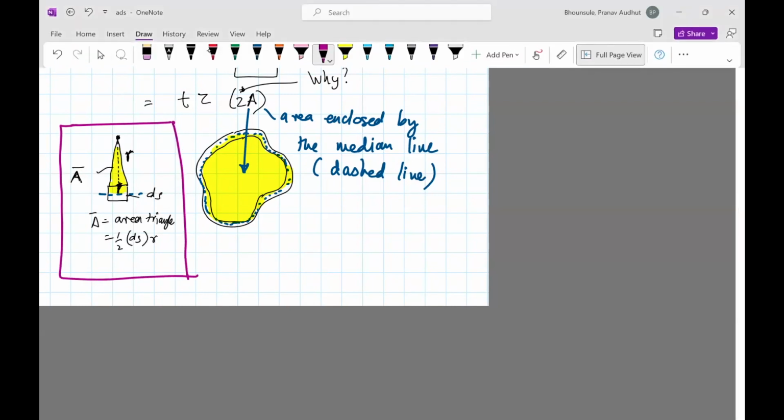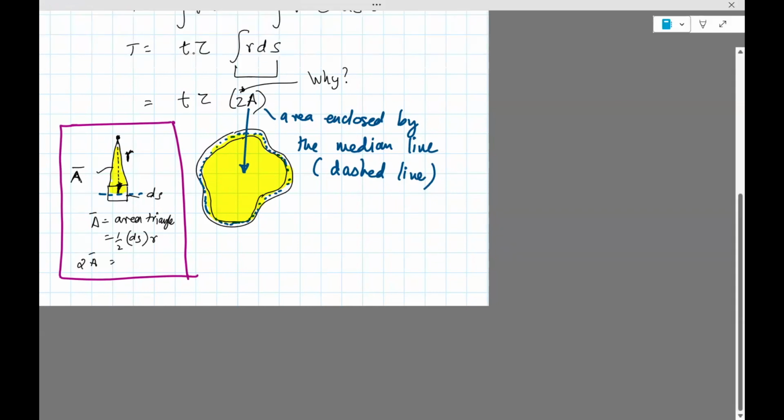When you move this around, you have 2 A bar is r ds. And so when you take the integral of this whole thing, you get the yellow part shown here, and then you get twice A just because it's the area of a triangle.